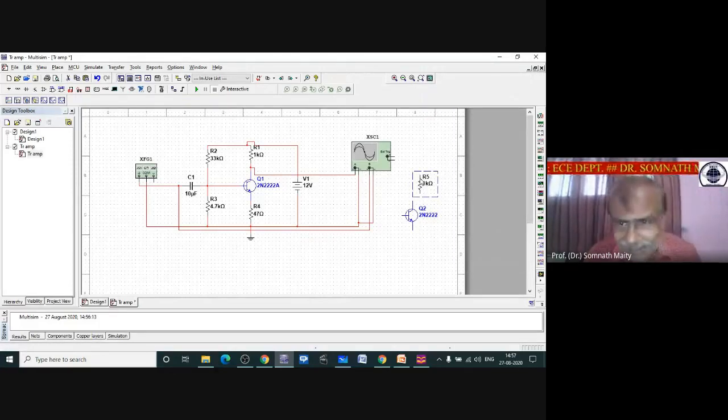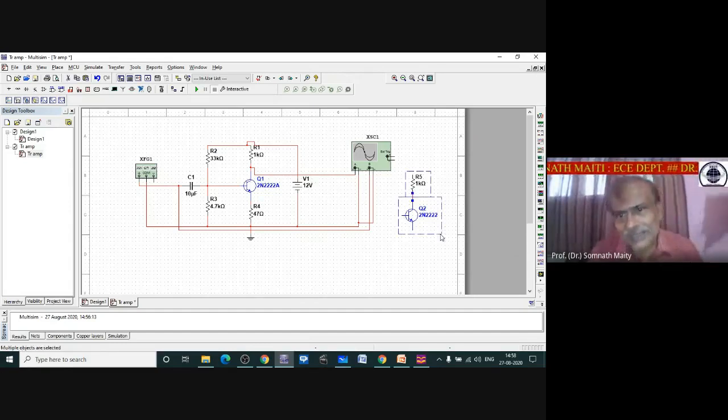Now move it near to this, left button click and draw this. Connect with this one. So the resistance will be connected to this. This is how I have constructed the whole circuit.